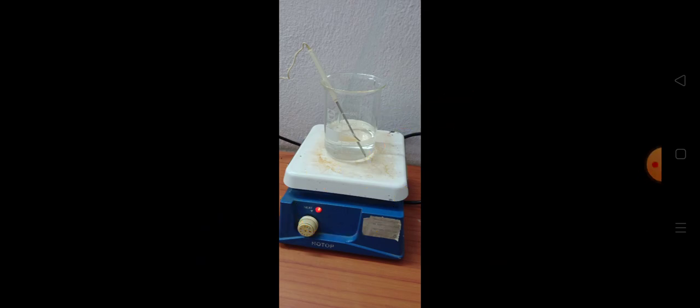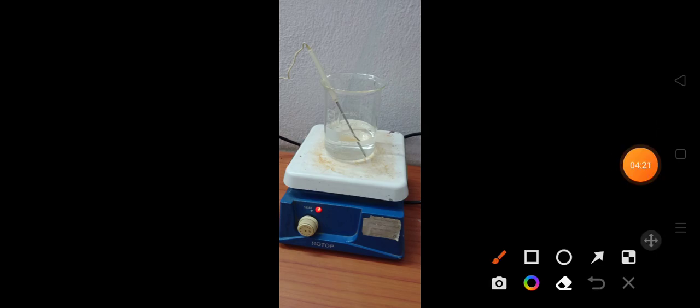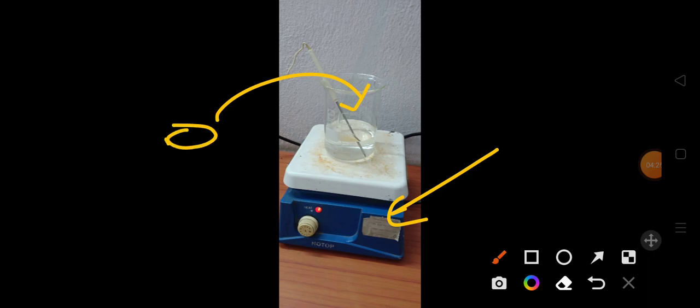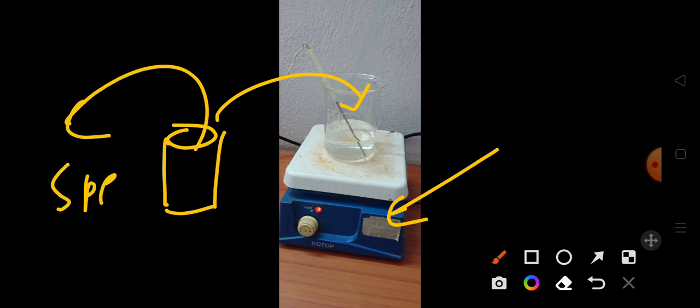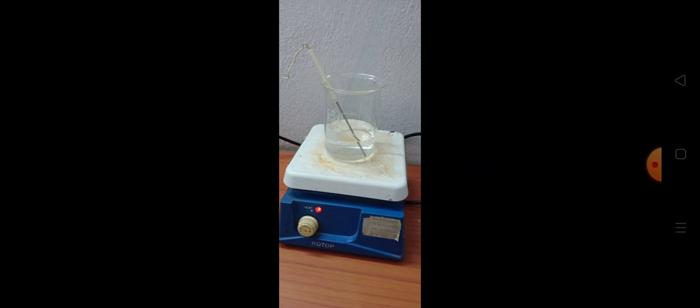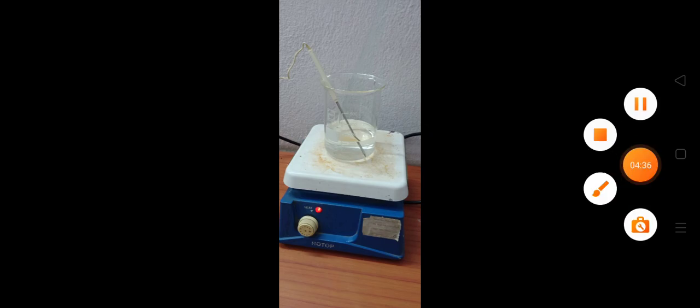Initially, when we have not started this instrument, we take some amount of sample in the cuvette and put this cuvette in a spectrophotometer. And what we get, at 260 nanometer, is an OD of 1.